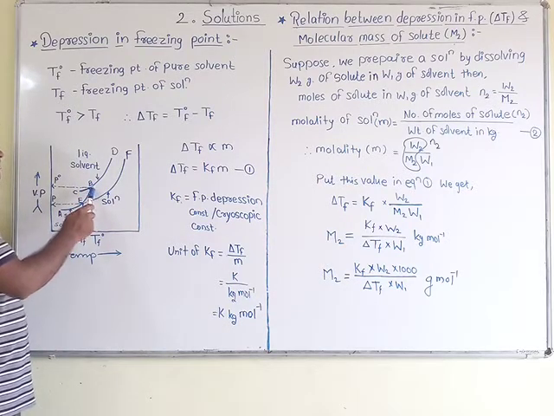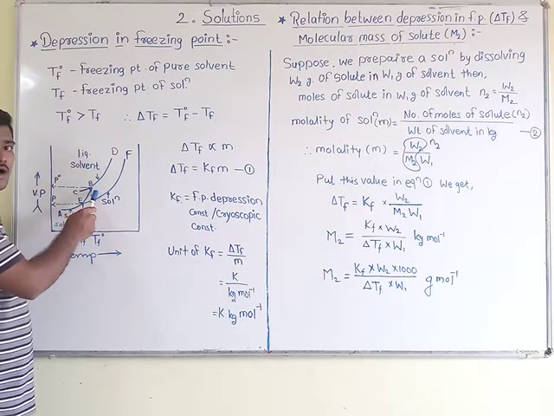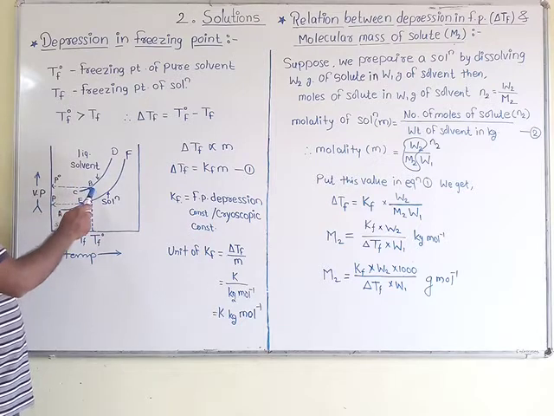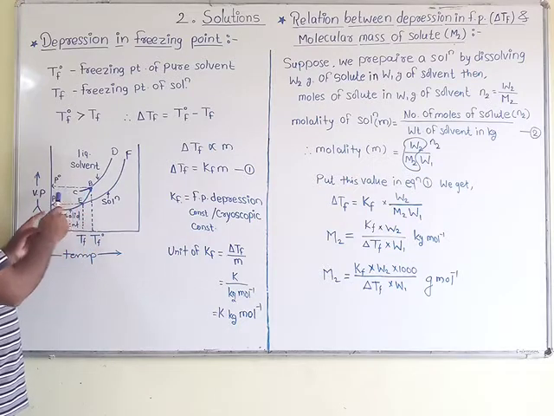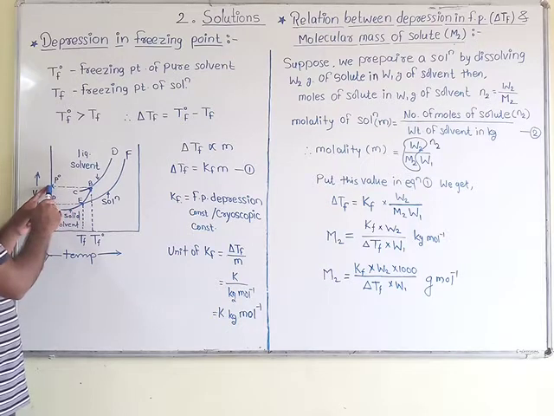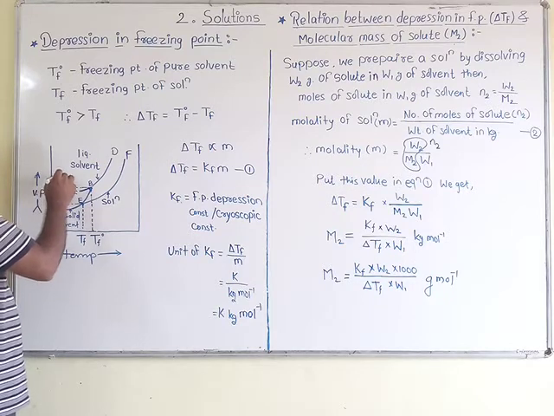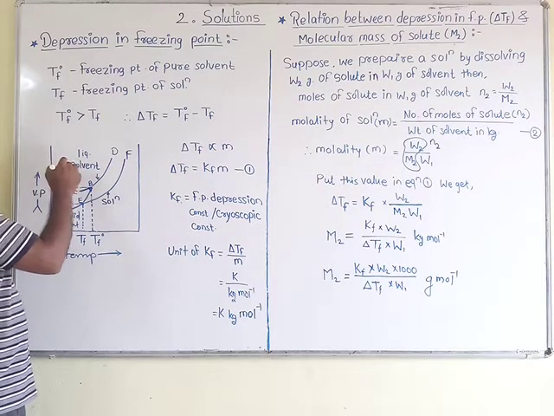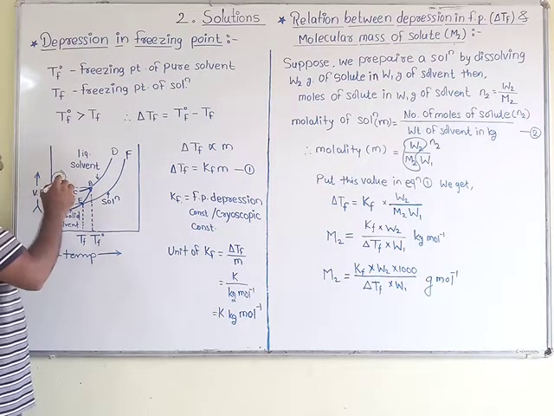Again, from this point B, if we plot two dotted lines for vapor pressure and for temperature, we get two points. If we plot a dotted line on the y-axis parallel to the x-axis, then we get P0, and this P0 is nothing but the vapor pressure of the pure solvent.